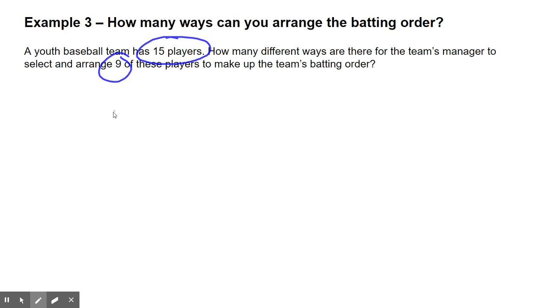If I'm going to do the counting principle way, you would again arrange 9 positions, just like we did last time: 1, 2, 3, 4, 5, 6, 7, 8, 9. And again, I'm going to multiply all the possibilities. I have 15 players for the first spot. Once I pick that player, then I only have 14, 13, 12, 11, 10, 9, 8, 7.